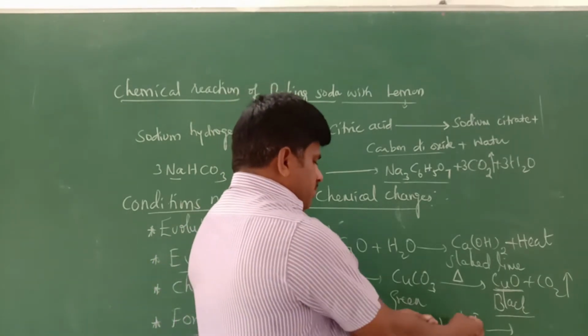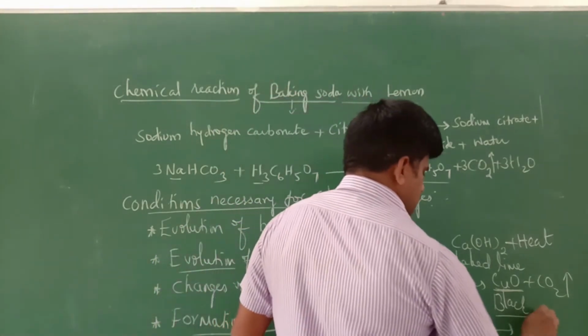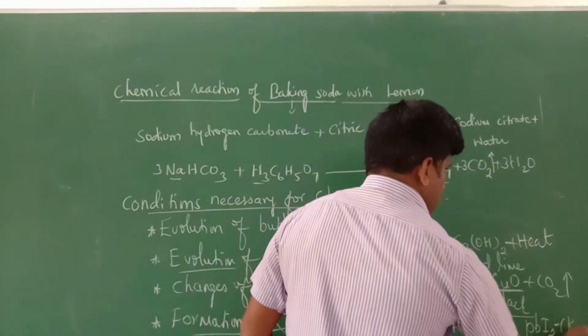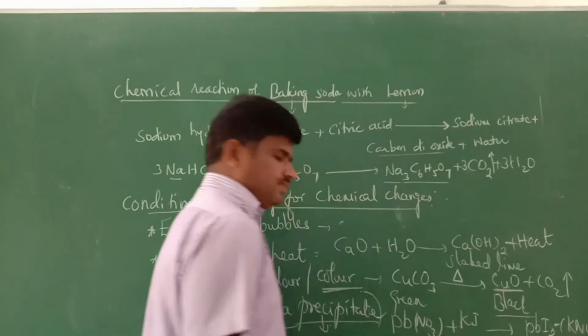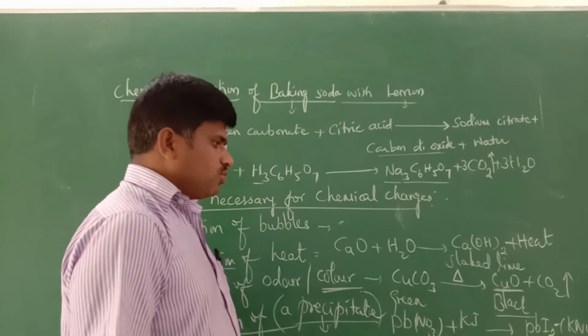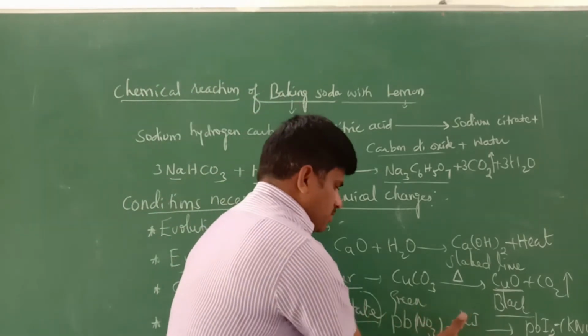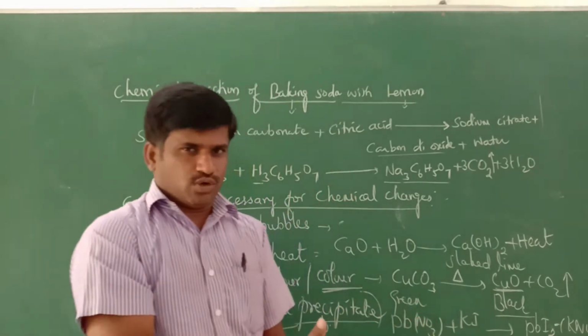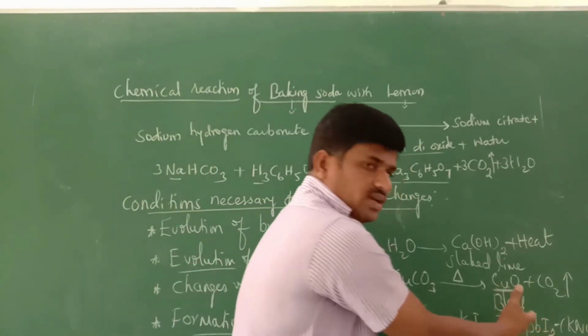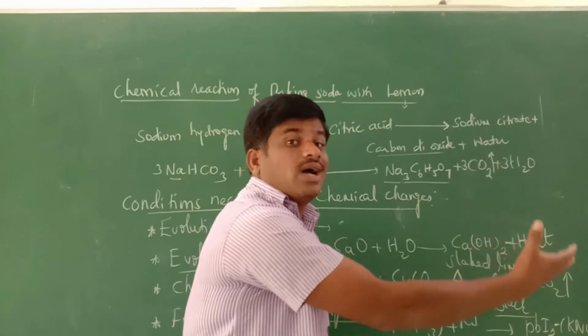When lead nitrate is mixed with potassium iodide, this forms lead iodide. The byproduct is potassium nitrate. Initially both the reactants are colorless. After mixing one another, you may see a yellow colored solution.